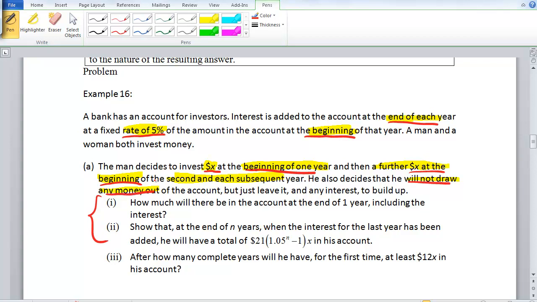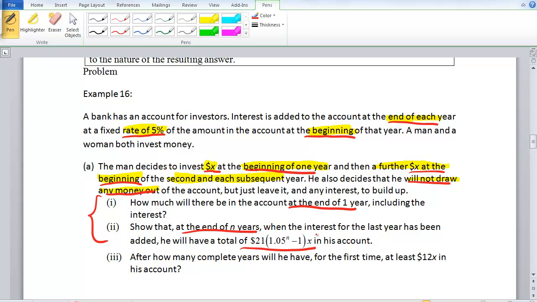That means we don't subtract anything from whatever figure we get. Alright, now part 1 wants us to work out how much there will be in the account at the end of 1 year, including the interest. Part 2 needs us to show that at the end of n years, where the interest for that last year has been added, he will have a total of this in his account.